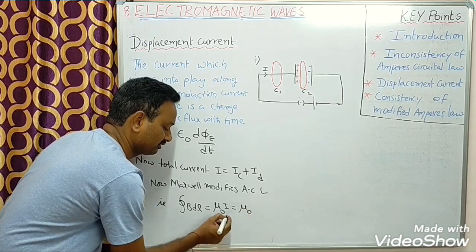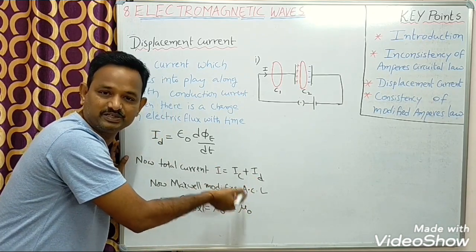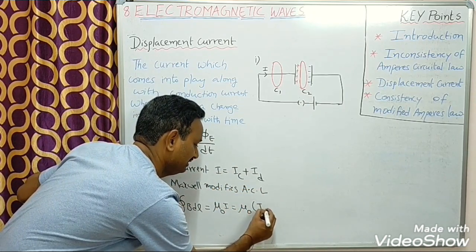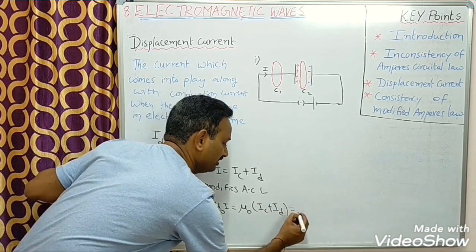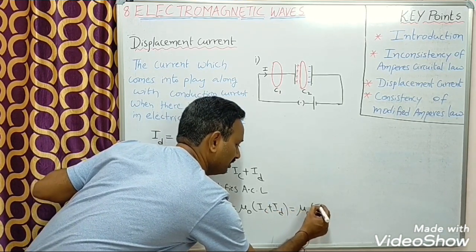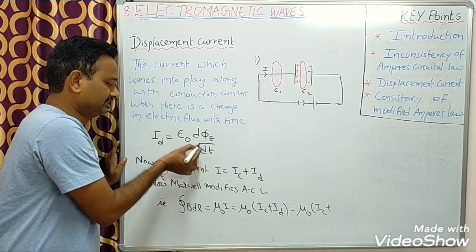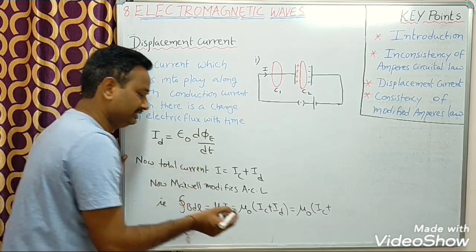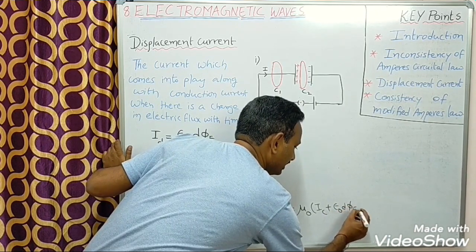Instead of total current, he took conduction current and displacement current, I_C plus I_D, that is equal to mu naught I_C plus, instead of I_D I can write epsilon naught d phi E by dt.